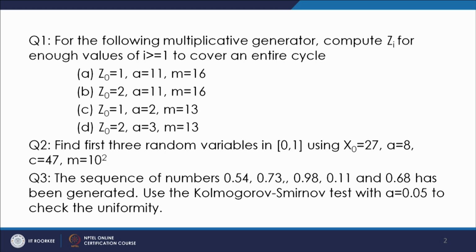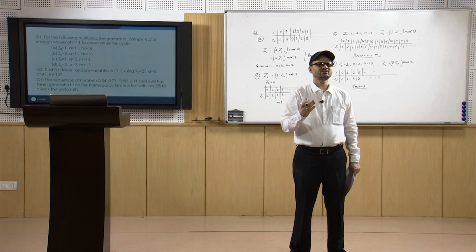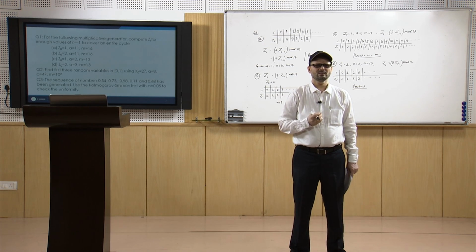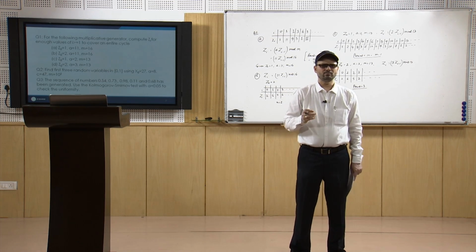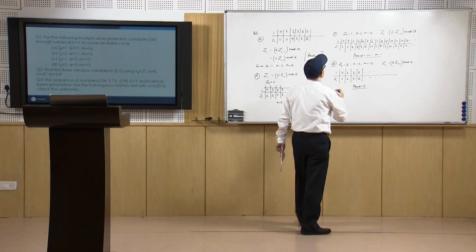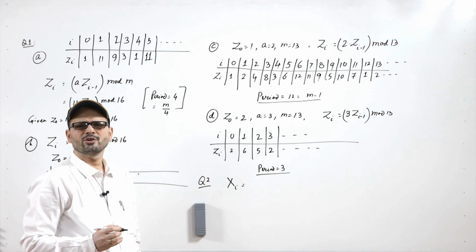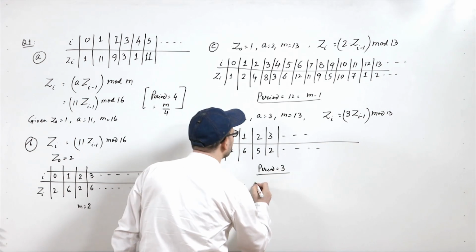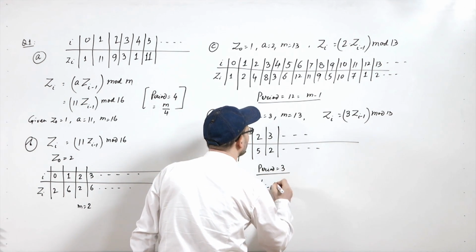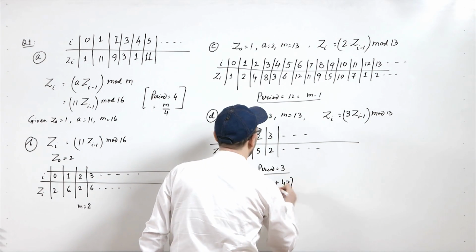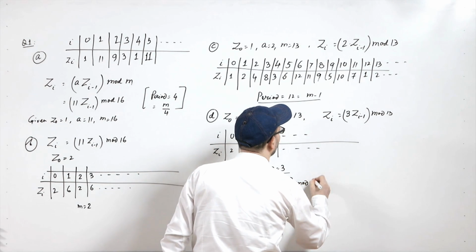So the concept is that you are going to use the linear congruential generator formula, that is x I will be A into x I minus 1 plus C mod M. So the expression will be x I will be 8 into x I minus 1 plus 47, and then you have mod 10 raised to the power 2.